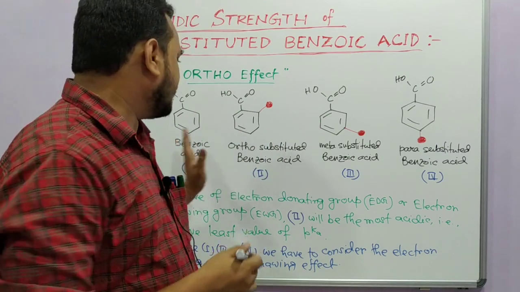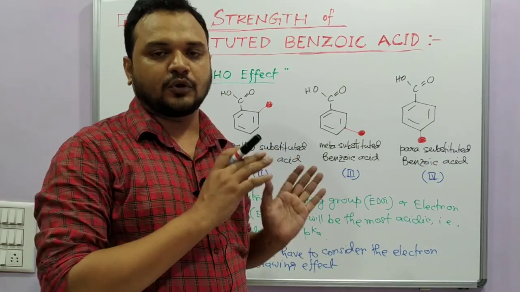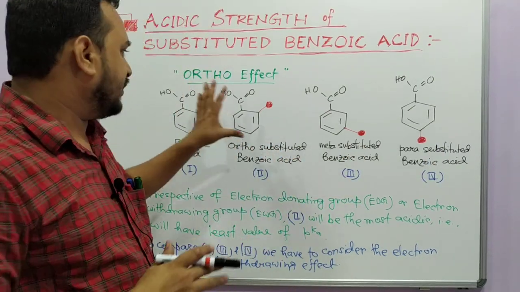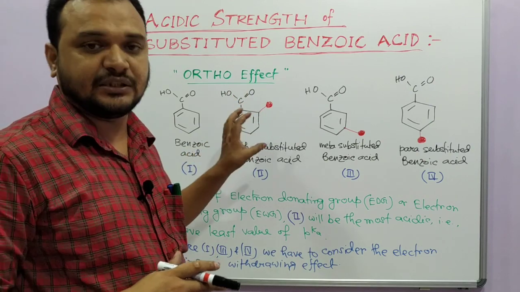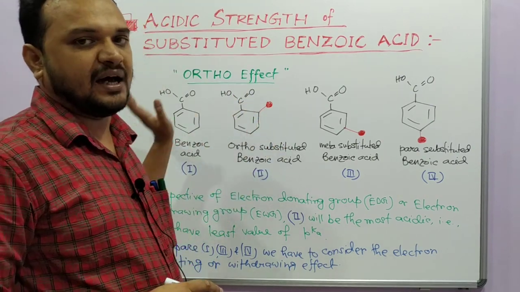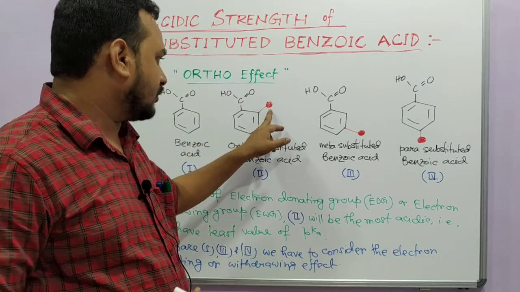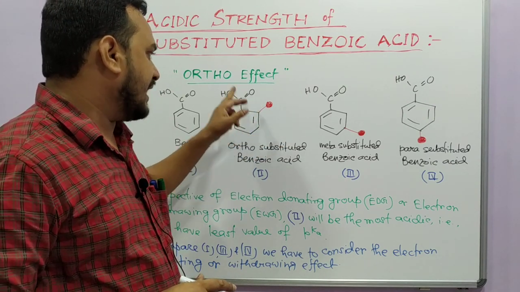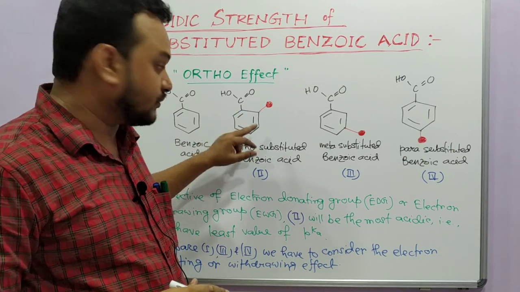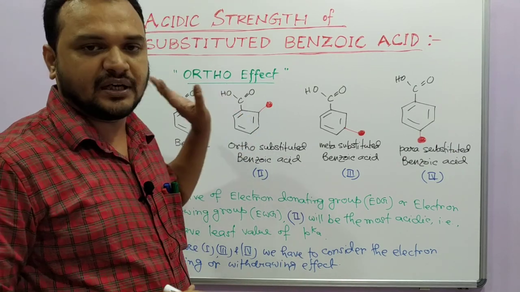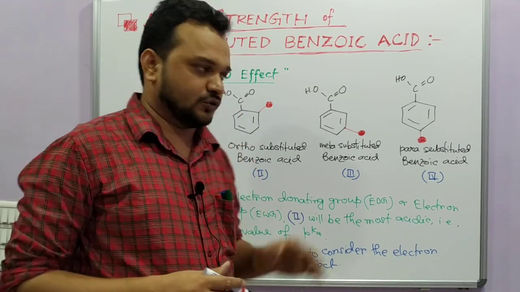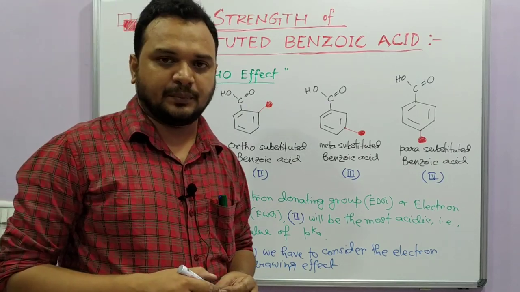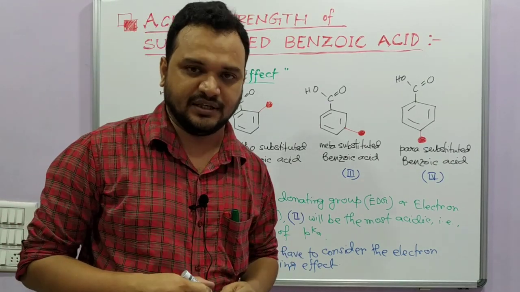So for 1, 3 and 4 we will proceed normally, but whenever we find any ortho substituted benzoic acid, that will be the highest acidic, because this ortho substituent, because of steric interaction, disturbs the planarity. As a result, the resonance is inhibited, so it becomes the most acidic. So we will see some examples with their pKa values and it will be even more clear.